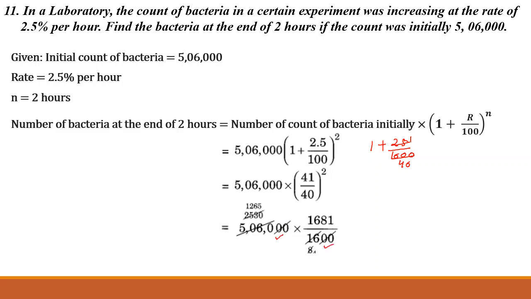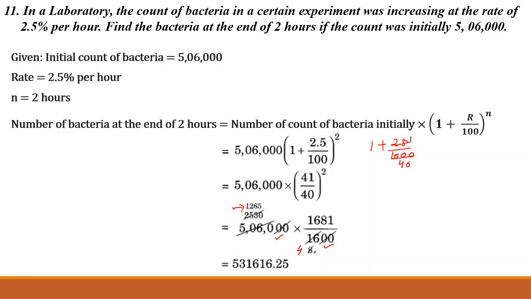And then 16, when you divide it directly by 4, 4 fours are 16, and when you divide 5060, it gives you 1265. Now you need to multiply 1265 by 1681, divided by 4. When we calculate it completely, we get 5,31,616.25.